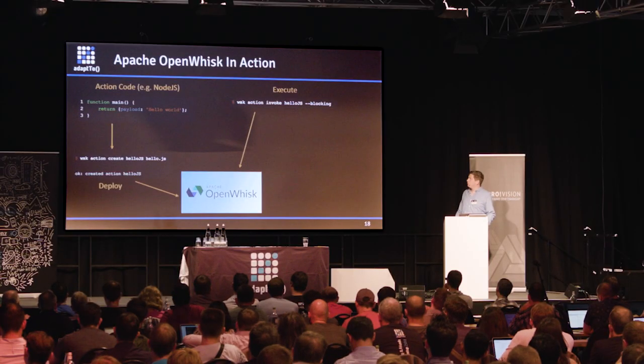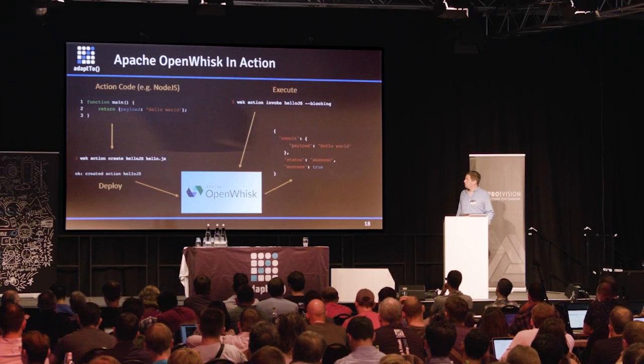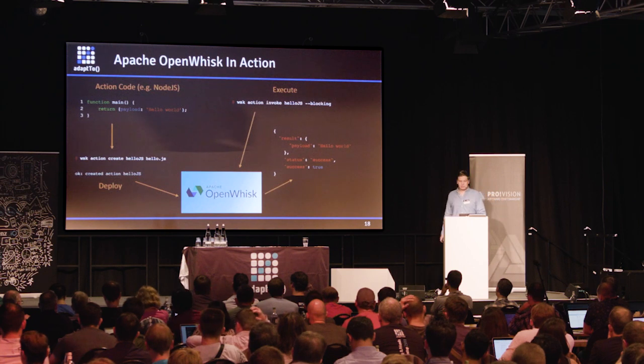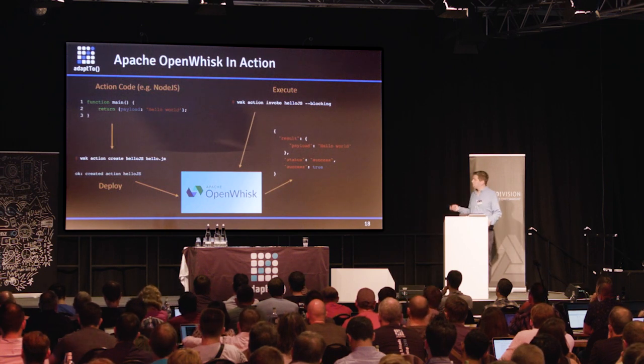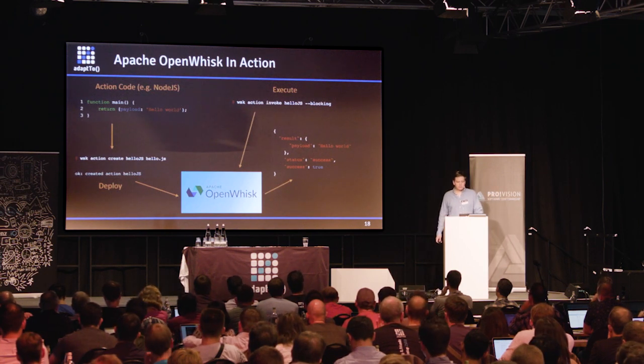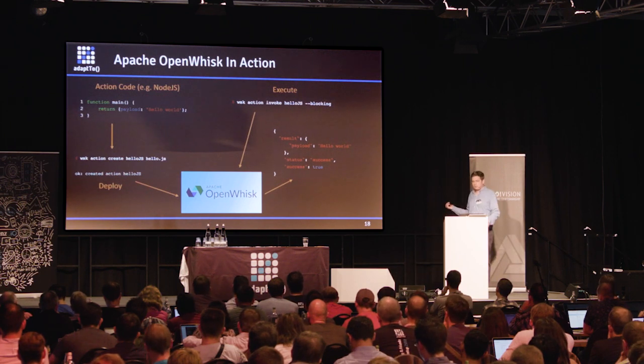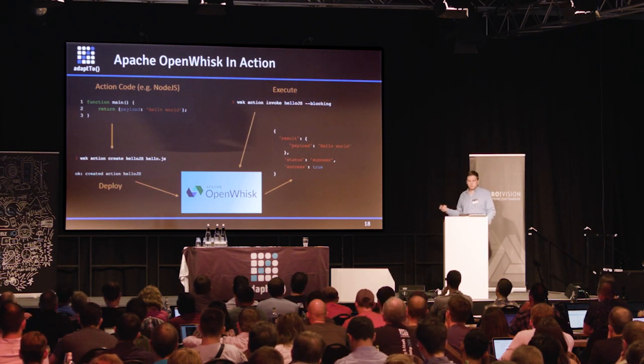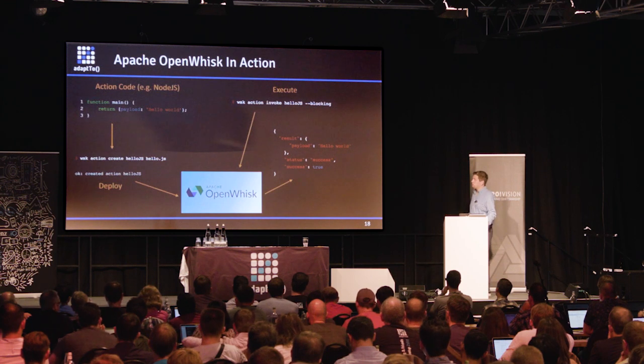Again, same API, you use the command line app for development as well, and you invoke your action, and then you get back a result, which returns your hello world plus additional metadata. And that's it, right? That is a complete development, deployment to production, and invocation.